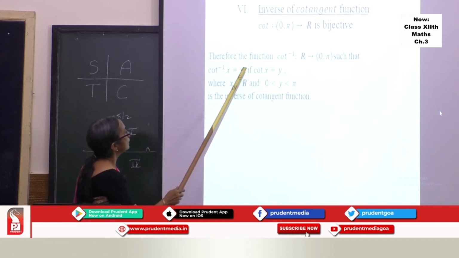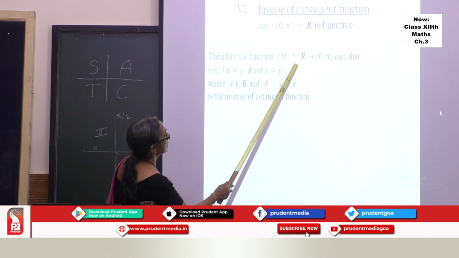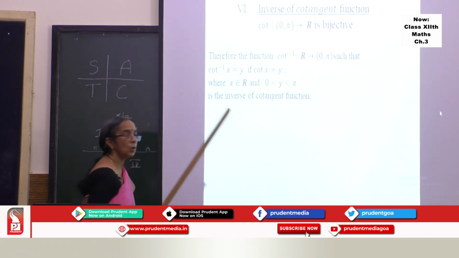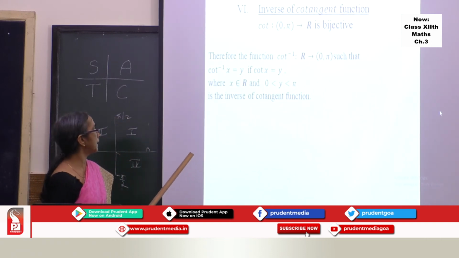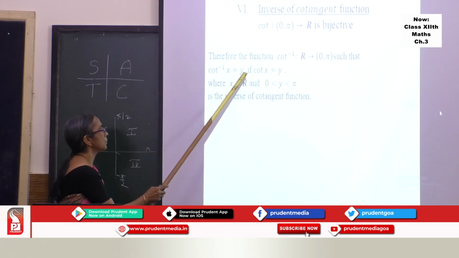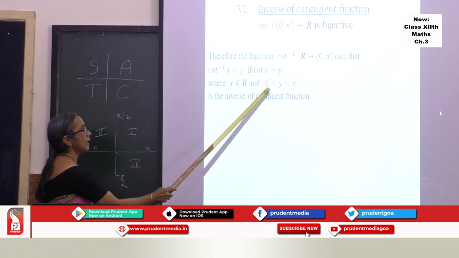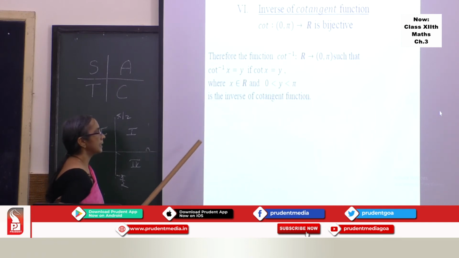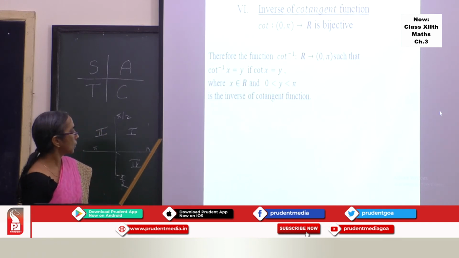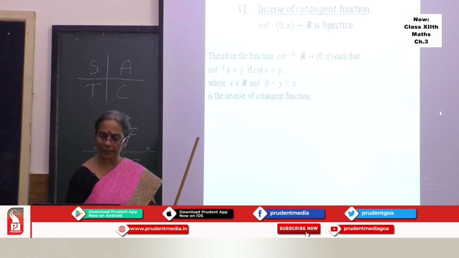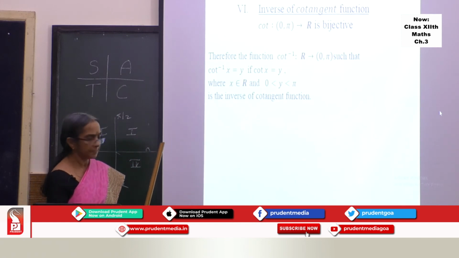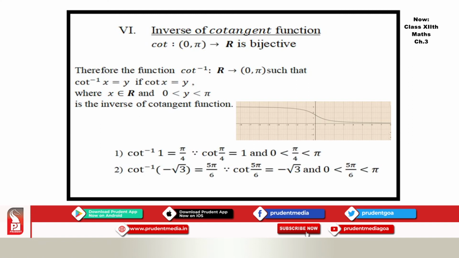So, you can define the inverse. Therefore, the function cot inverse is a function from R to the open interval 0 to pi such that cot inverse of x is y if cot y is equal to x, where x belongs to R, y is between 0 and pi. It is the inverse of the cotangent function. So, the graph of the inverse function is like this.